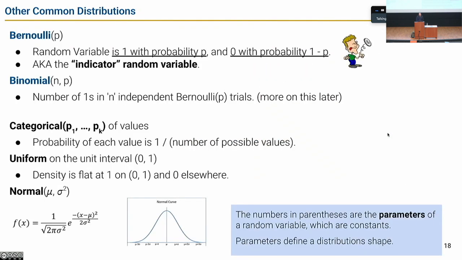Okay. All right, so Bernoulli, distribution of random variables that we just covered. We'll talk about binomial slightly later in lecture. There are other distributions that you've already seen, like a categorical distribution, which is a k-sided die, and it has a probability of each of the sides landing facing up.